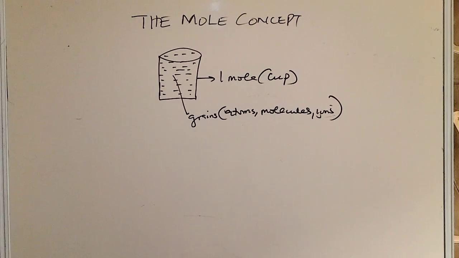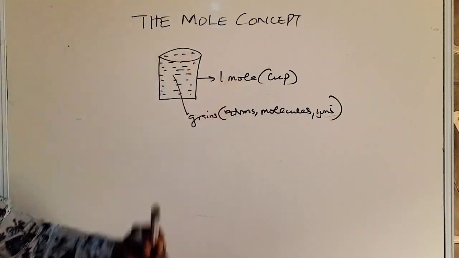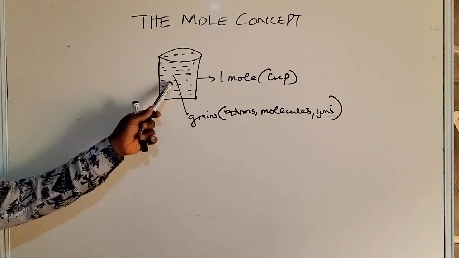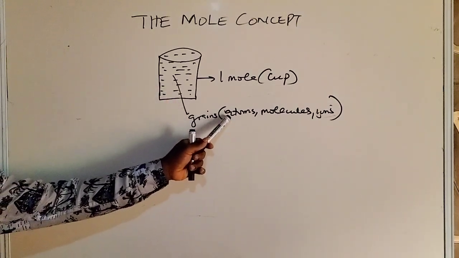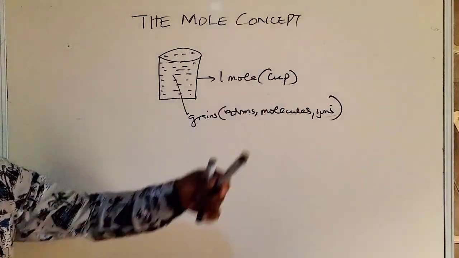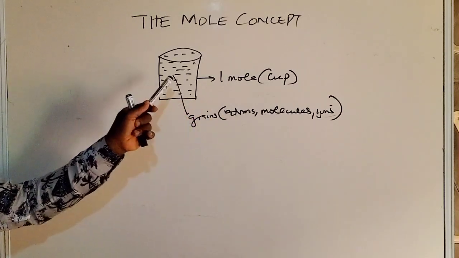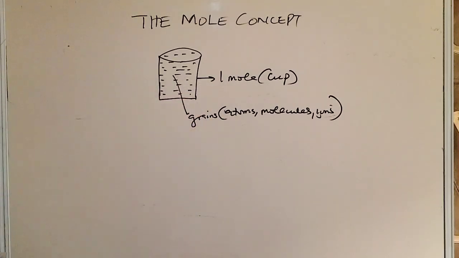So, let me repeat myself. Let this cup represent 1 mole of a substance. The grains of rice in it represent the elementary particles in a mole, which could be atoms, molecules, ions, or even electrons. The question is this: how many atoms will fill up this cup to make up 1 mole of an element? Take any element, for instance a metal like sodium, iron, potassium, or copper.